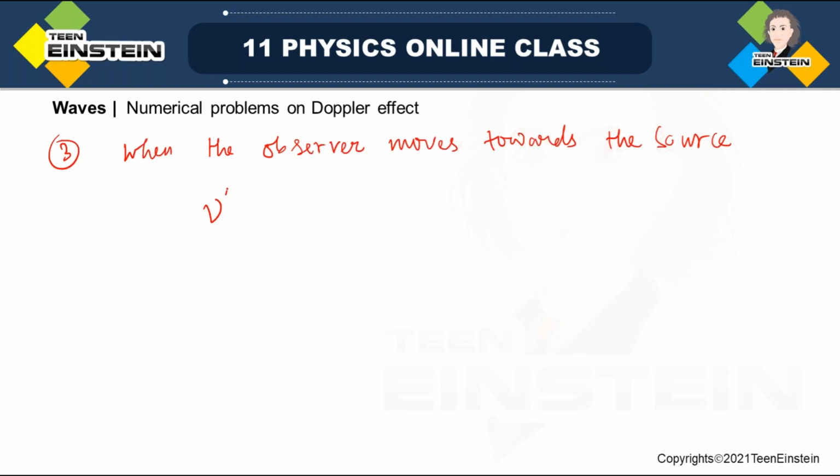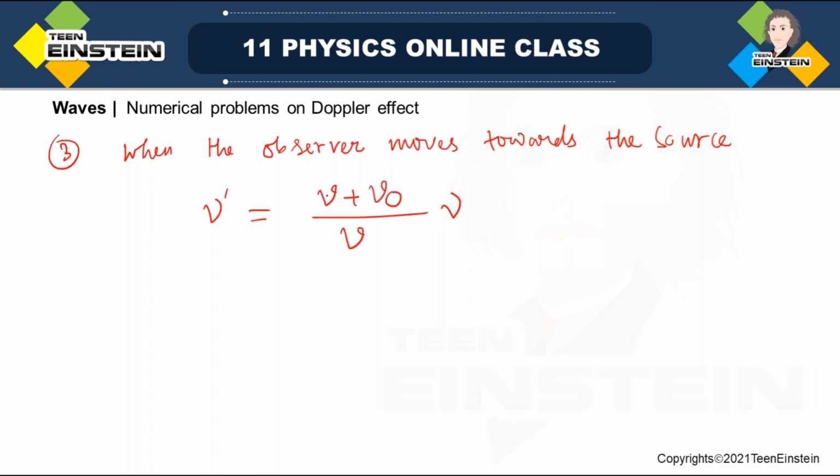Then what will be the frequency heard by the observer? That will be v plus vo divided by v into nu, the original frequency of the sound emitted by the source.